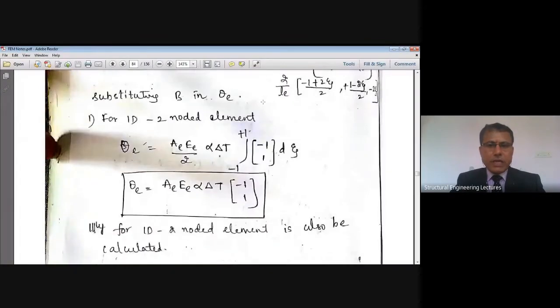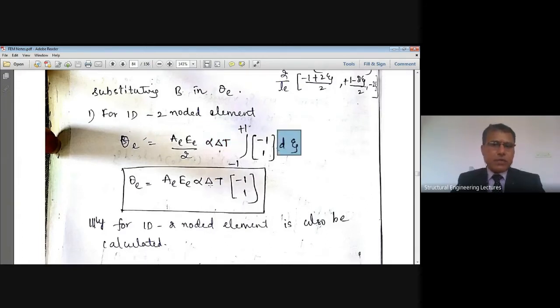Then we can check that I'll now get A E by 2 alpha multiplied by delta T, because epsilon naught is equal to alpha multiplied by delta T. Now B transpose is nothing but minus 1 plus 1 by LE, right? But there's a relation between dxi and dx, and so now it gives minus 1 plus 1 dxi from minus 1 to plus 1. Integration of this now gives a result 2.